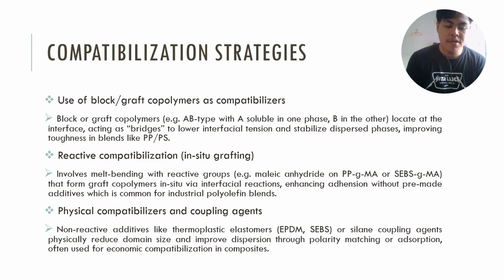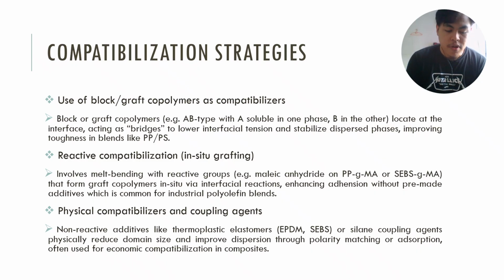This involves melt blending with reactive groups, such as maleic anhydride on PP, or PP-GMA or SEBS-GMA, that form graft copolymers in situ via interfacial reaction, enhancing adhesion without pre-made additive, which is common for industrial polyolefin blends. The third one is physical compatibilizers and coupling agents.